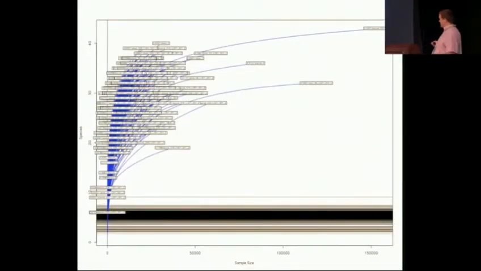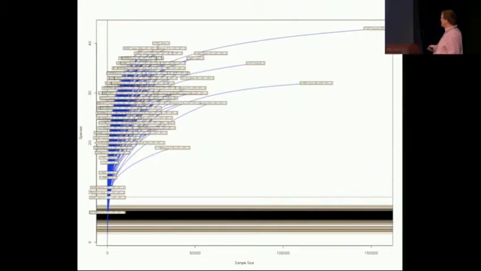So here's an actual rarefaction curve from the set of data that I was working with. One thing you'll notice is that there's a couple of samples that did not sequence very well at this point, and if you were to rarefy at this level, you're going to lose a whole lot of sequences.